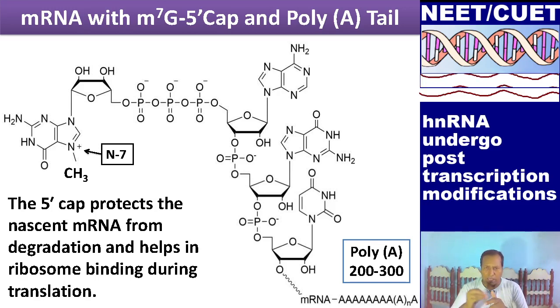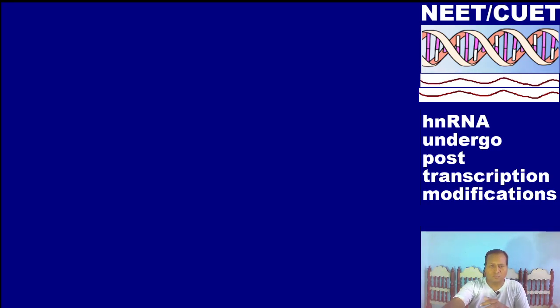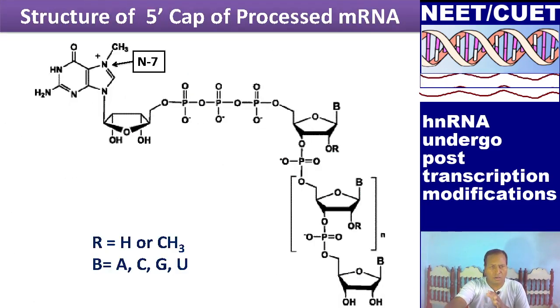This addition of poly A is known as polyadenylation, and at 5 prime there is the 5 cap, which protects the nascent mRNA from degradation and helps in ribosome binding during protein synthesis, during the translation process.